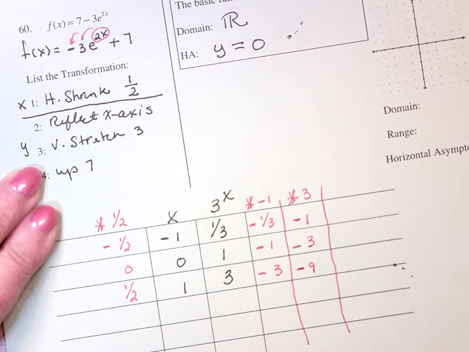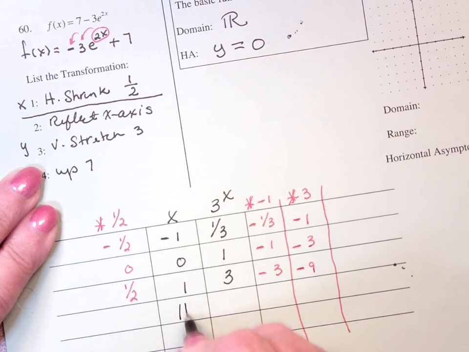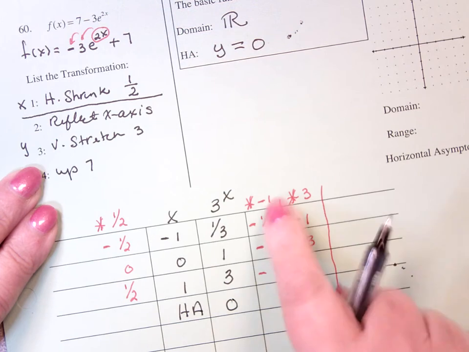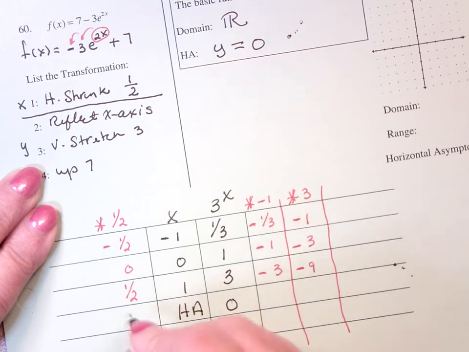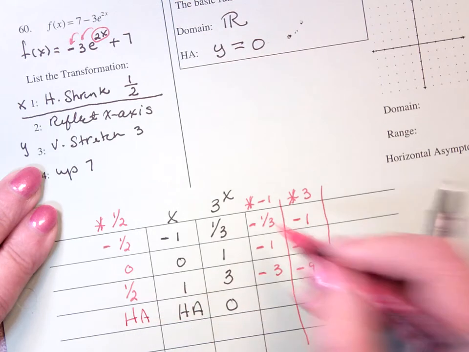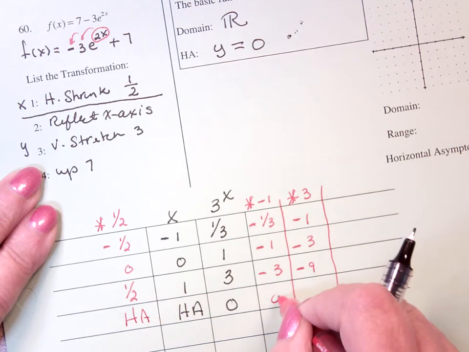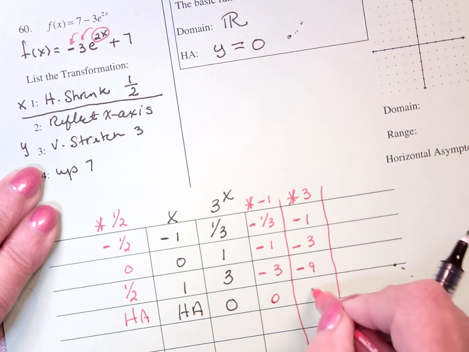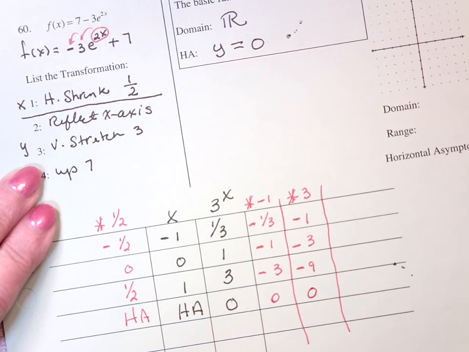I forgot that I have an HA at 0. Now that is not going to be impacted at all by the multiplications, because -1 times 0 is still 0, and 3 times 0 is still 0. And where it's going to be impacted is going to be on the up, down.